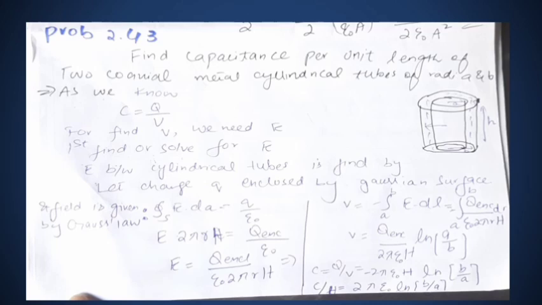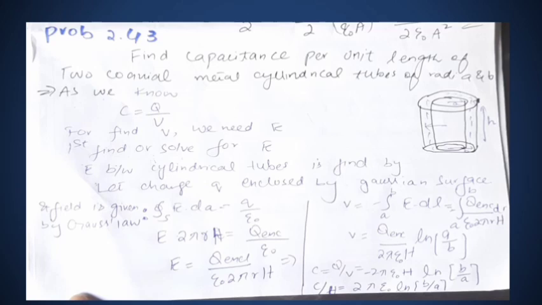As we know, capacitance is equal to charge over potential difference. So for finding the value of V, we first need to find the value of electric field.